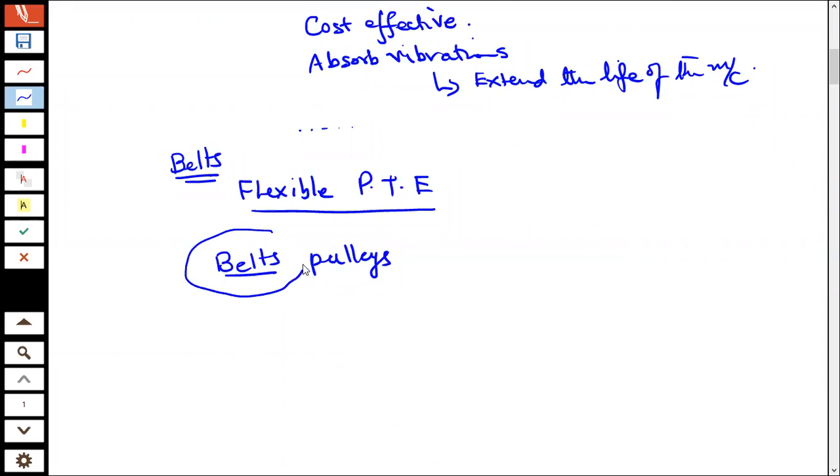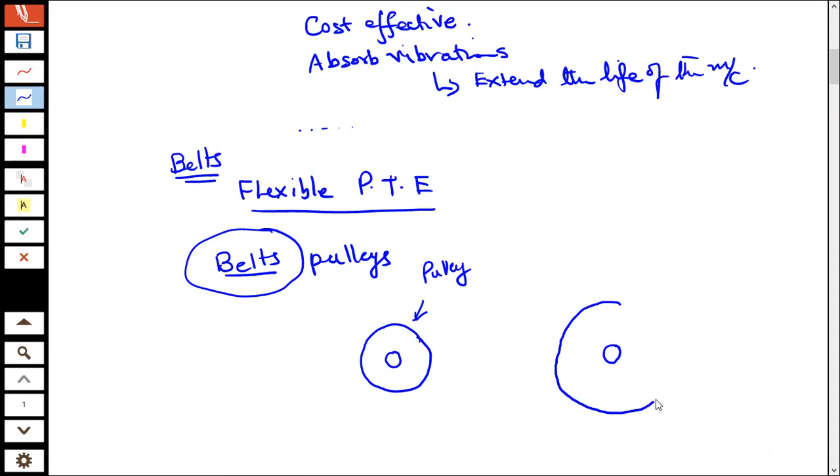So mainly belts are mounted on pulleys. For example, you want to transmit power from this shaft to this shaft, so you will mount a pulley on it and mount another pulley on this. So this is another pulley, and put a belt around it.